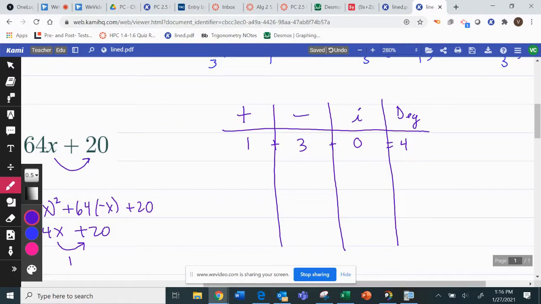Now, we know the maximum positives and negatives. We don't know anything about the imaginary, except there's one thing we need to remember about imaginaries. Do you remember, Kevin? Say it comes in pairs. Okay. So what does that mean for my chart?